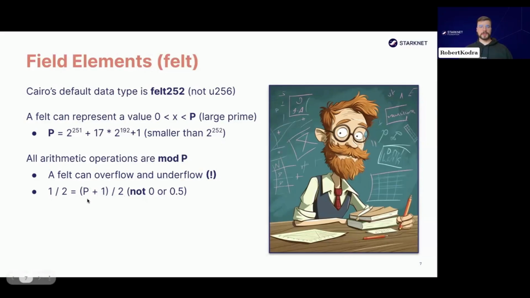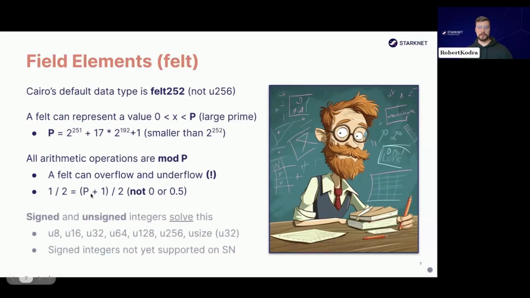Okay, no questions. Now, obviously, when you develop a smart contract or a program, overflow and underflow could represent an issue, especially if you're developing a DeFi application where overflows could be a risk. The nice thing is that in Cairo we have signed and unsigned integers, which solve this problem of overflow and underflow.